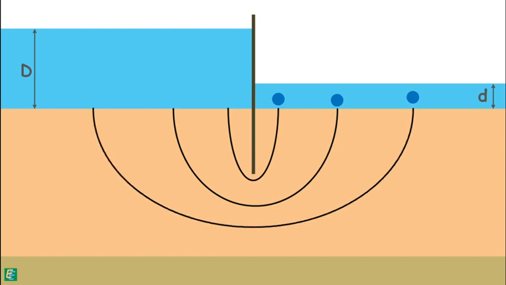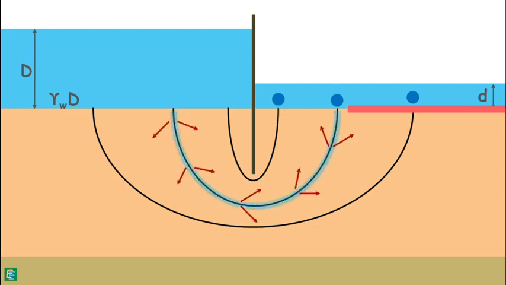Note that each flow line begins from the upstream surface, which is at pressure gamma W capital D, and travels through the soil, constantly losing its energy, and terminates at the downstream surface, which is at pressure gamma W small d.